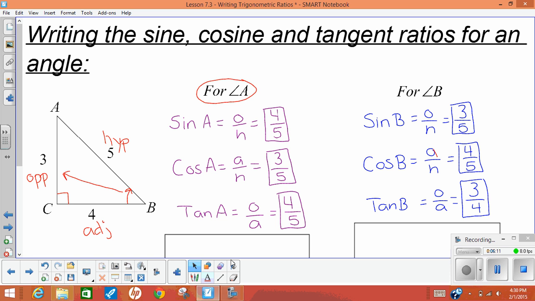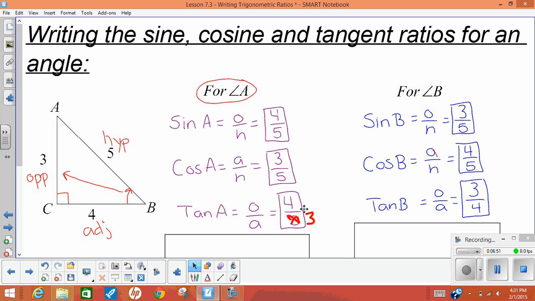And also I need to come back here. Hopefully you were wondering, this opposite over adjacent for tangent of A should have been 4 over 3. So if you notice here, my sine and cosine for angle A are opposite for angle B. So the sine of A is the same as the cosine of B. The sine of B is the same as the cosine of A. And the reason I noticed my mistake is because the tangent of A and the tangent of B should just be reciprocals of each other.